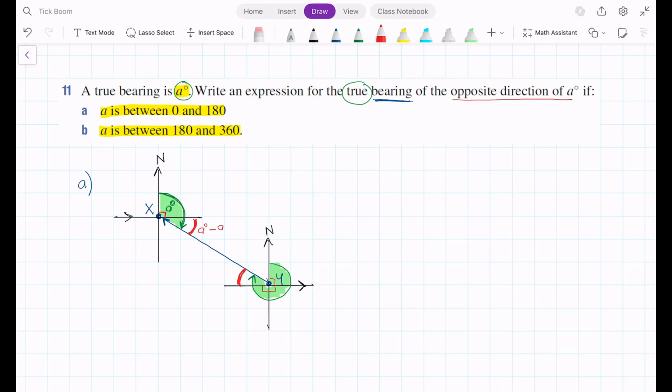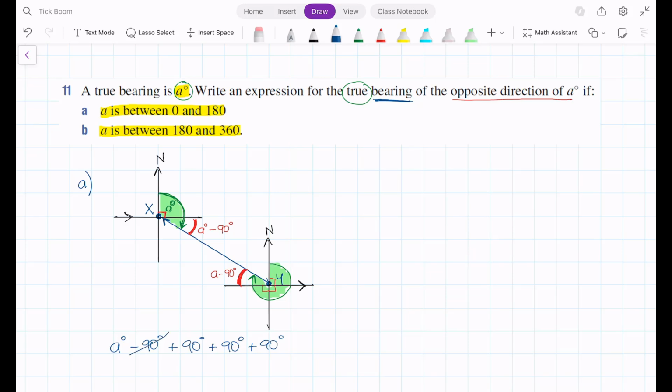So I can think of that as A minus 90 degrees, which means this extra portion here is also A minus 90 degrees because they're alternate angles on parallel lines. So that's all I need to put the bearing together. That means the new bearing must be A degrees minus 90 degrees plus the 3 sets of 90 degrees that are already there.